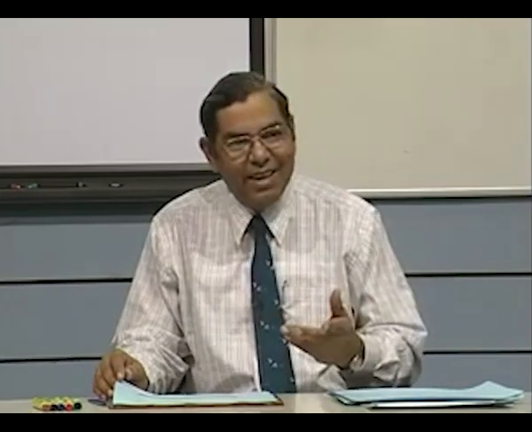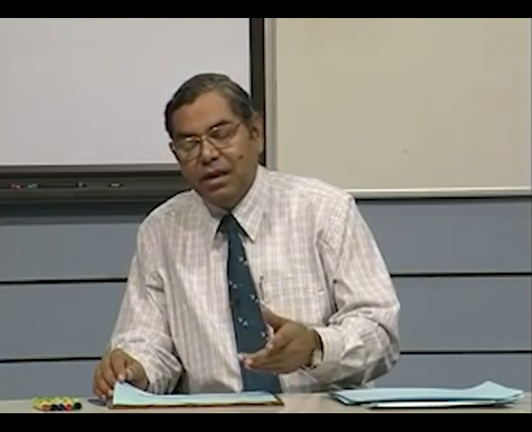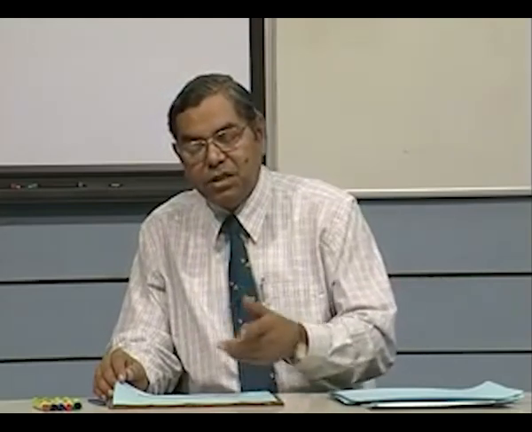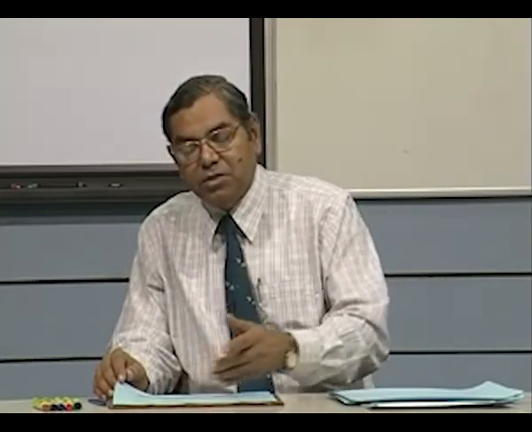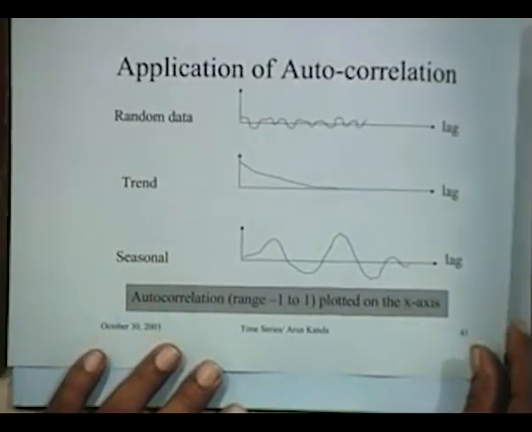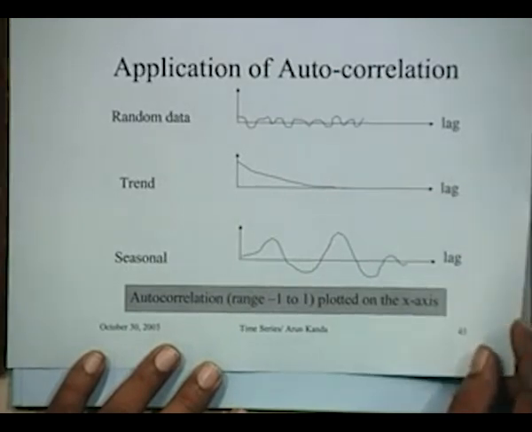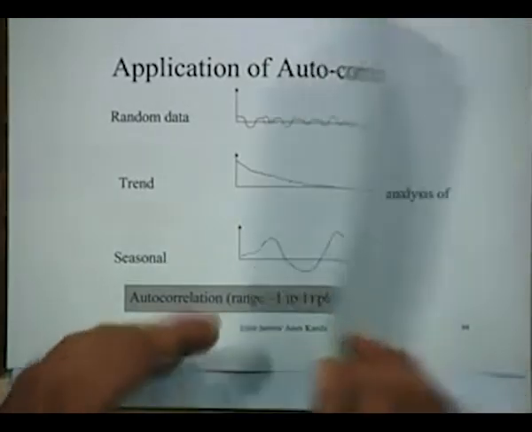So in the same way, if you look at a time series and calculate the autocorrelations, the nature of the correlations will tell you whether it is this or this or this. So this becomes a systematic approach to basically handle some of these essential questions.